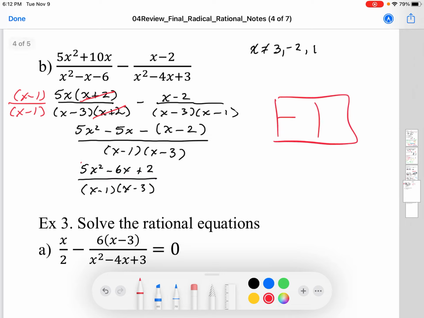So I'm going to do my 5x squared plus 2. I'm looking for two numbers that multiply to 10 and add to 6. No numbers exist that do that. So this is not factorable. So we can just leave it like that. Okay, and that's our final answer here then.